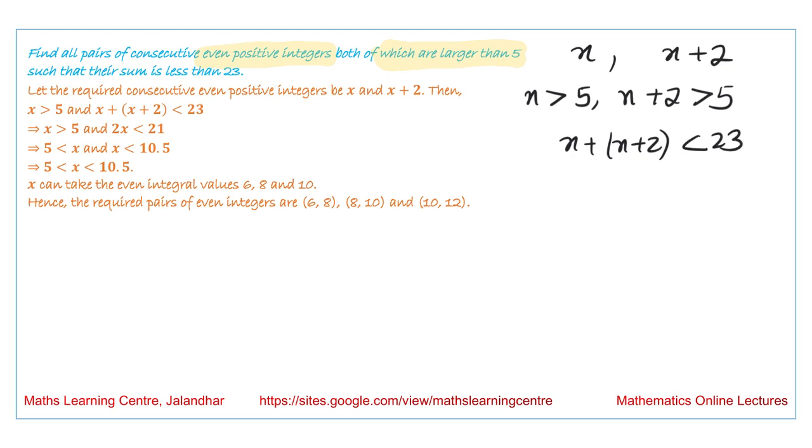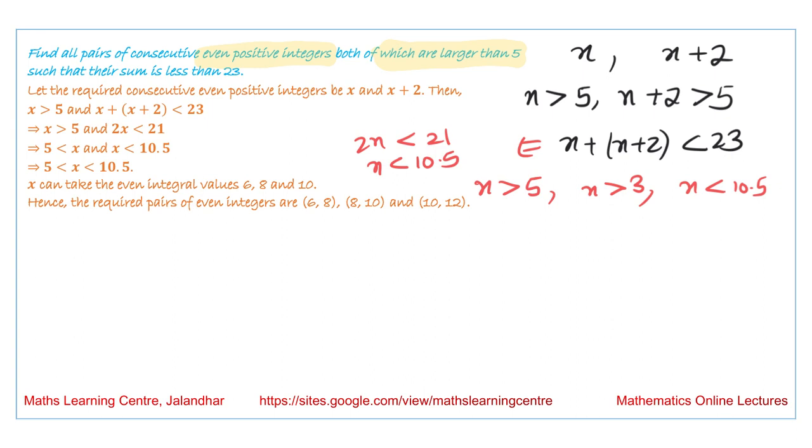So these three inequalities we can write as: first, x is greater than 5; next, x is greater than 3; and this inequality will give us 2x is less than 21, so x is less than 10.5.